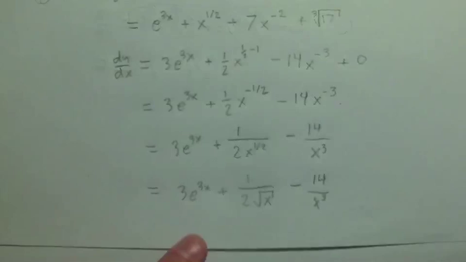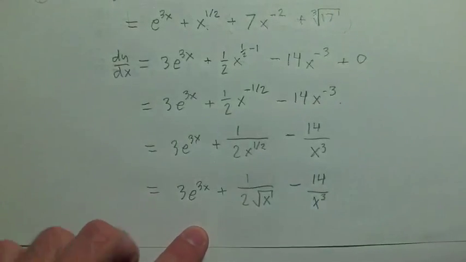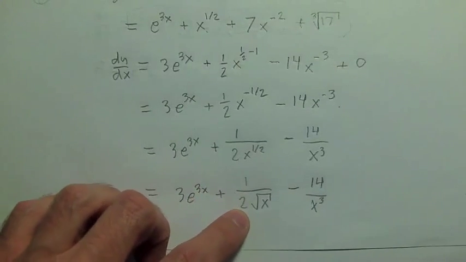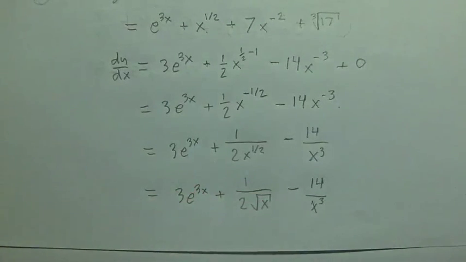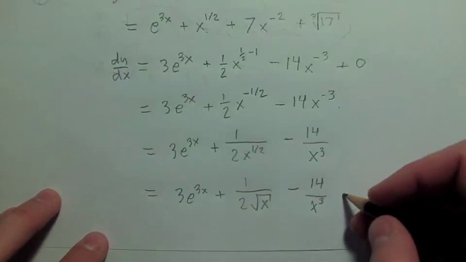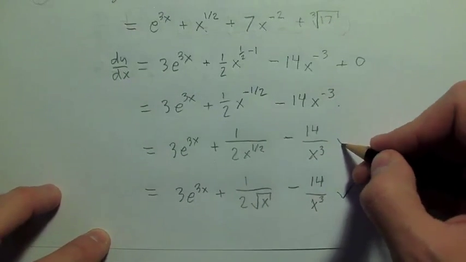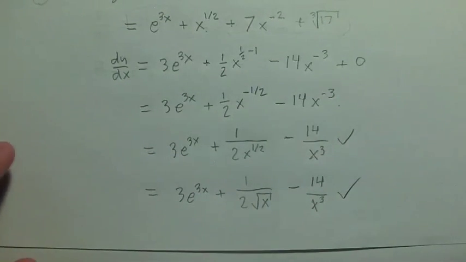Right, so we have 3 e to the 3x plus 1 over 2 times the square root of x minus 14 over x cubed. And that's it. But again, this one works too.